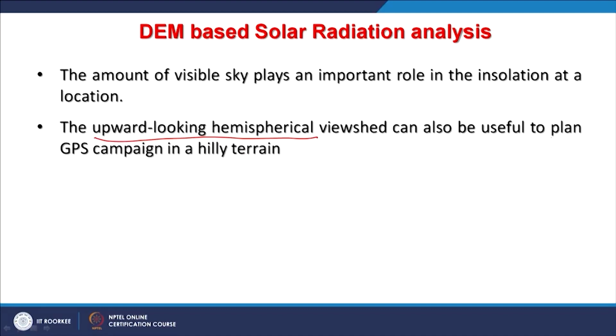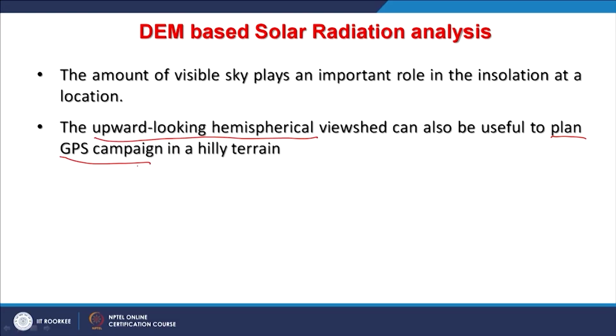Because for GNSS or GPS based surveys, you require what in that terminology they call a sky plot. So, you require an upward looking hemisphere, and that should be clear. The clearer the sky plot, the better signals you would have, or signals from many satellites.